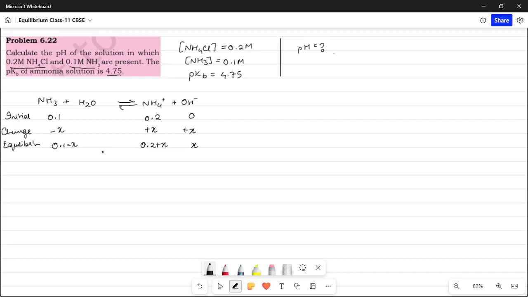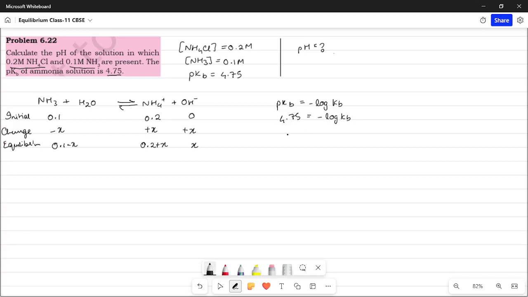Okay, now, first of all, we've been given the value of pKb. So from pKb, we can calculate the value of Kb, right? pKb is minus log Kb. So this value has been given to us: 4.75 is equal to minus log Kb.